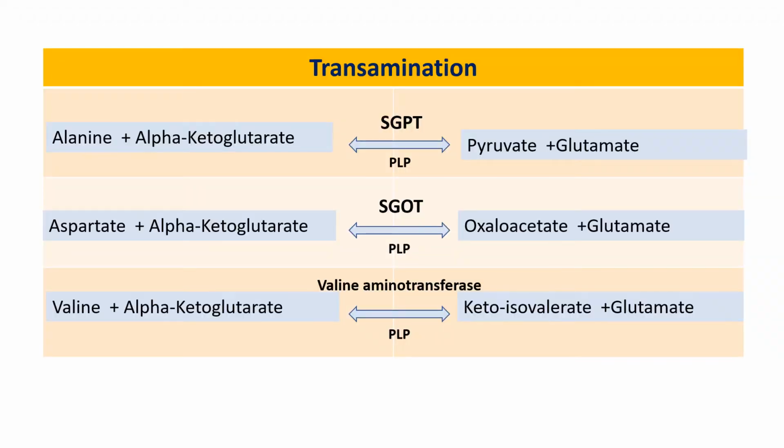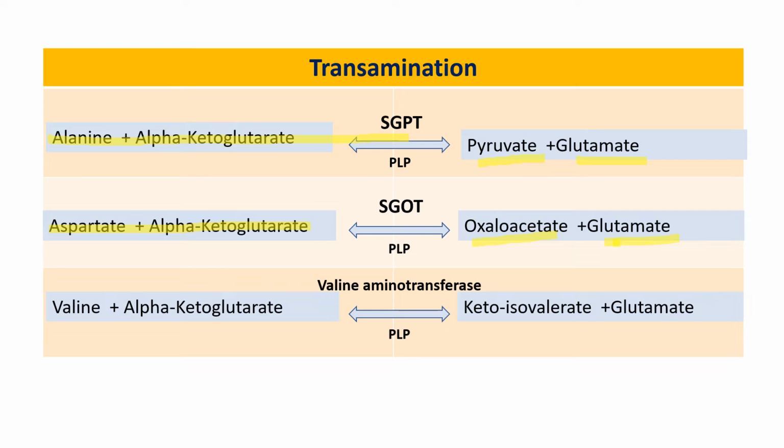Okay, now you can see the substrates here. The substrates for SGPT are alanine and alpha ketoglutarate, while for SGOT the substrates are aspartate and alpha ketoglutarate, and the products for SGPT are pyruvate and glutamate, and here the products are oxaloacetate and glutamate.